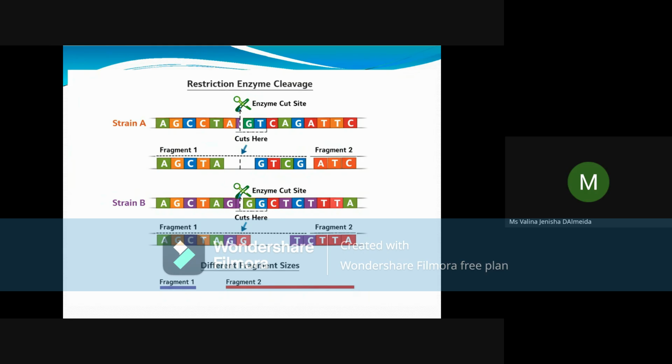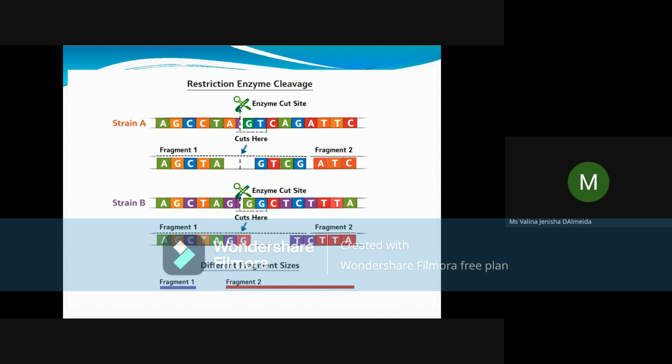And the blunt end, so you can see the last two enzymes have the blunt end. Blunt end basically does not give overhangs, it will give a double stranded, proper cut. It does not give overhangs. So this is called blunt ends. So we have two types of cuttings, one with sticky ends and one with blunt ends.